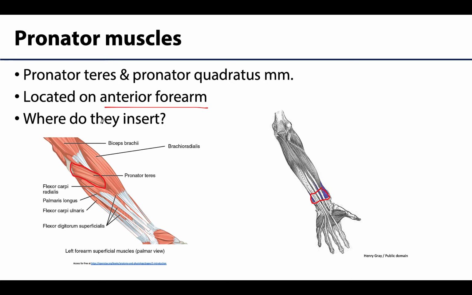Recall, what is the movable bone when you're talking about pronation and supination? It is the radius. So both of these muscles, since they're playing a role in pronation in this case, are going to have their distal attachment or insertion on the radius.